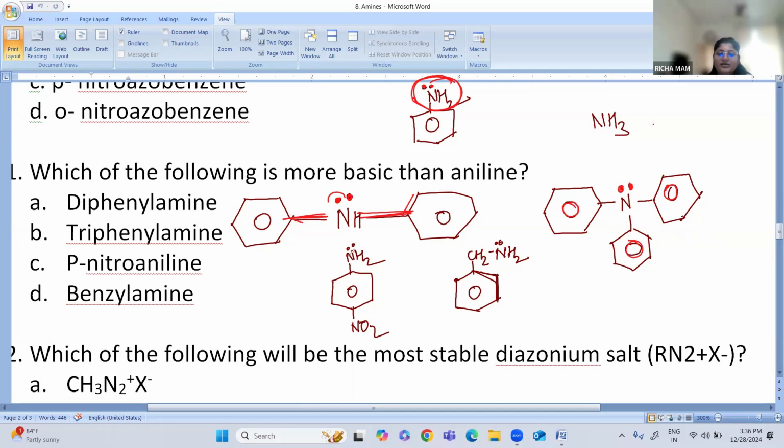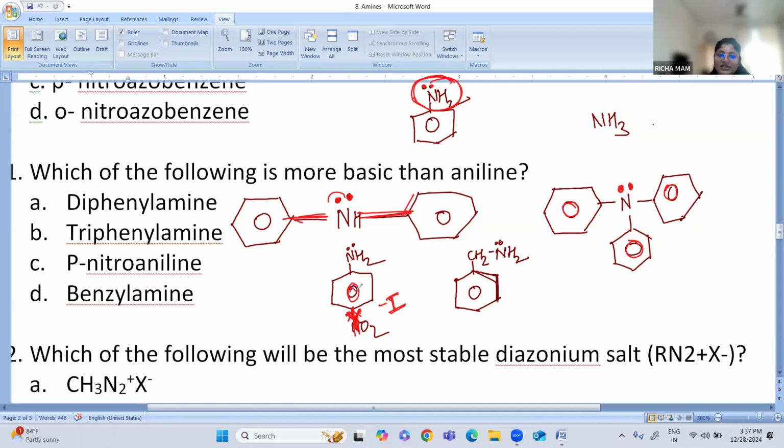And what will happen here? Because of the nitro group, as nitro group is an electron withdrawing group, it will pull the electrons towards itself. Electrons are pulled by this nitro group because of the minus I effect and the minus R effect.